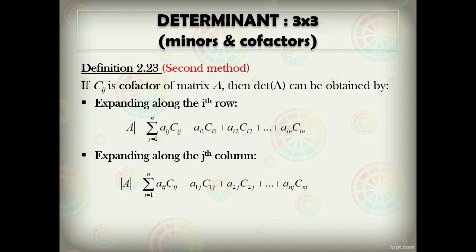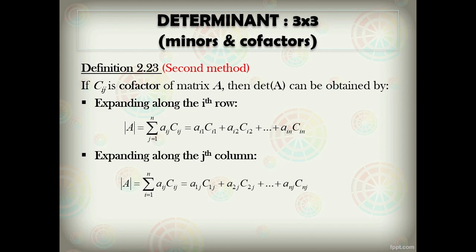The way is, you can expand along the ith row, or expand along the jth column. You can choose either one, and you can expand any row you choose or any column you choose.